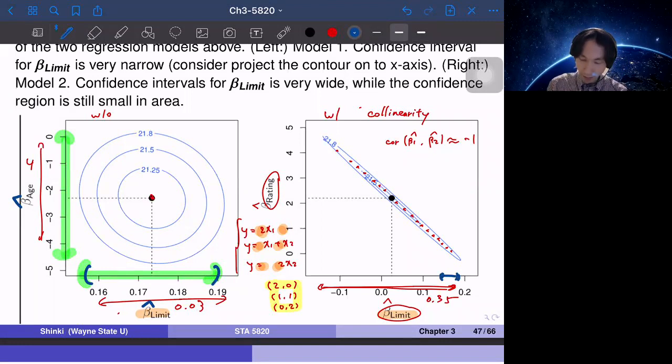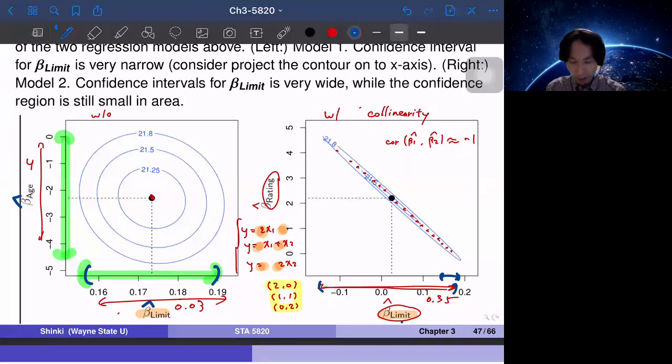In the left pane it's a small interval, but in the right pane the interval is pretty large. But the fact is that beta hat limit and beta hat rating have a really strong relationship.